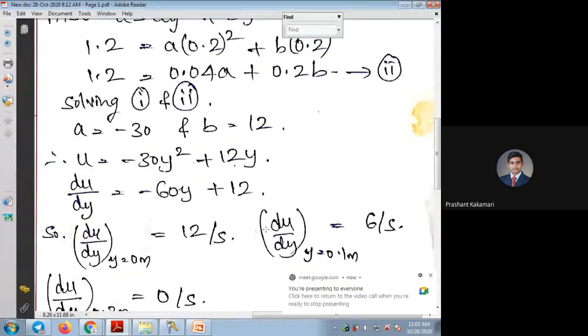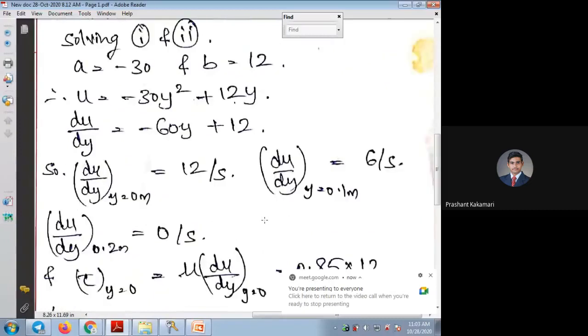So coming back to this problem, now you can see these are the two equations. If you want to find velocity, you go by this equation at any y distance. You put the value. Say, for example, if you want the velocity at 10 centimeter, you put 0.1 square, here 0.1. You can find the velocity for that given parabola.